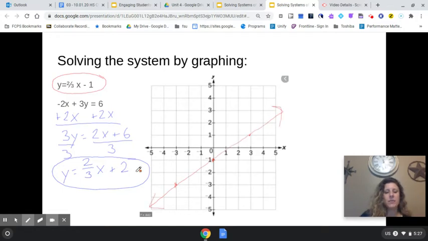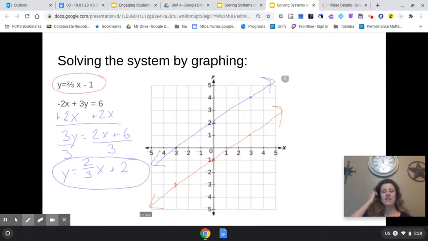In blue, we are going to graph the equation y equals 2/3 x plus 2. So my y-intercept is 2. And the slope is 2/3. So I'm going to rise 2 and run 3. Down 2 and left 3. And there is my second line.